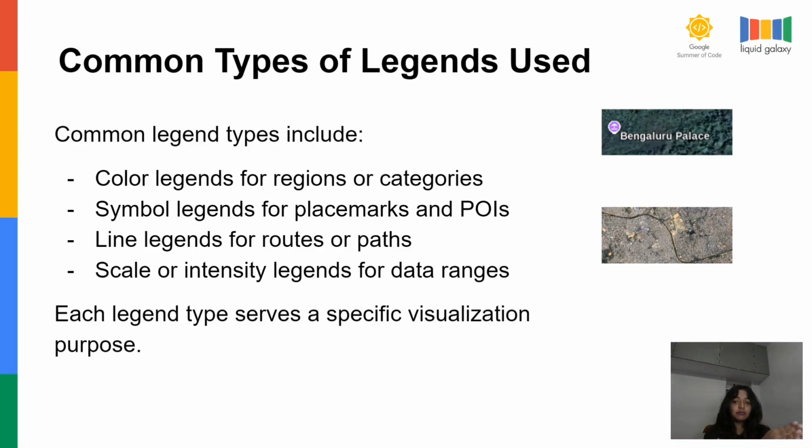Example, light blue to dark blue representing population densities. Each legend type corresponds to a communication goal. Understanding which type to use depends on your data sets and storytelling objective.